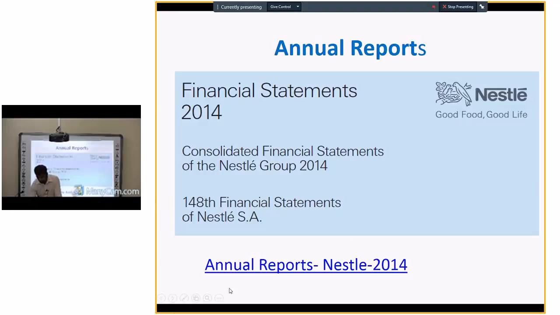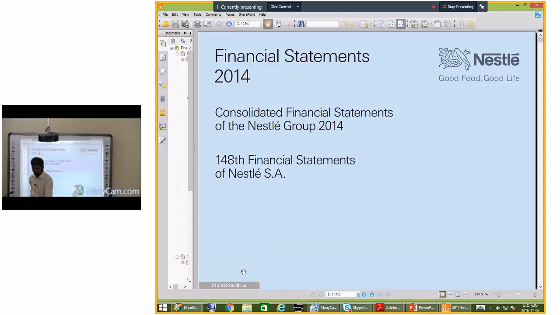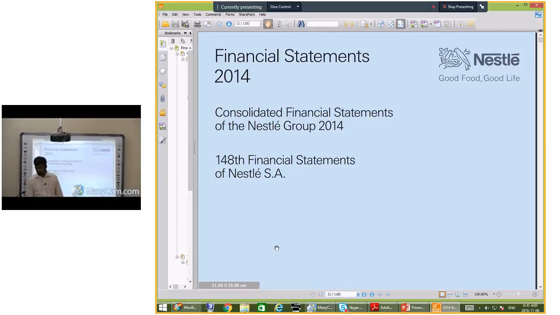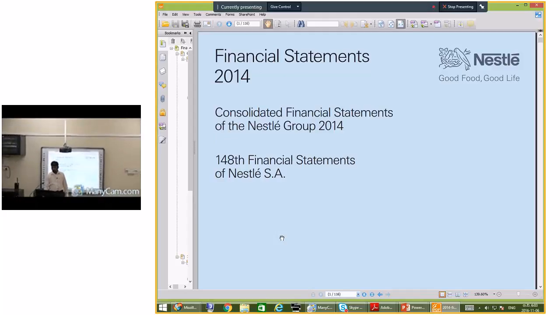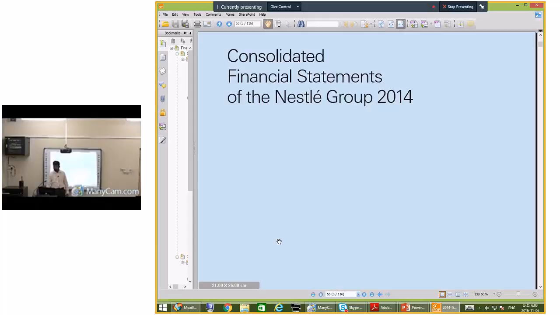Then you can see that link. Yes. Now you can see one example of this information here. This is the consolidated financial statement of Nestle Group 2014.